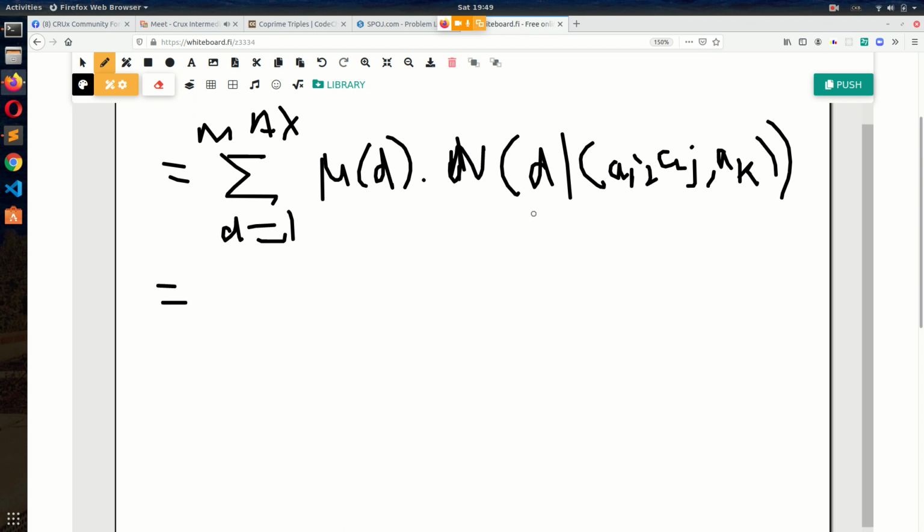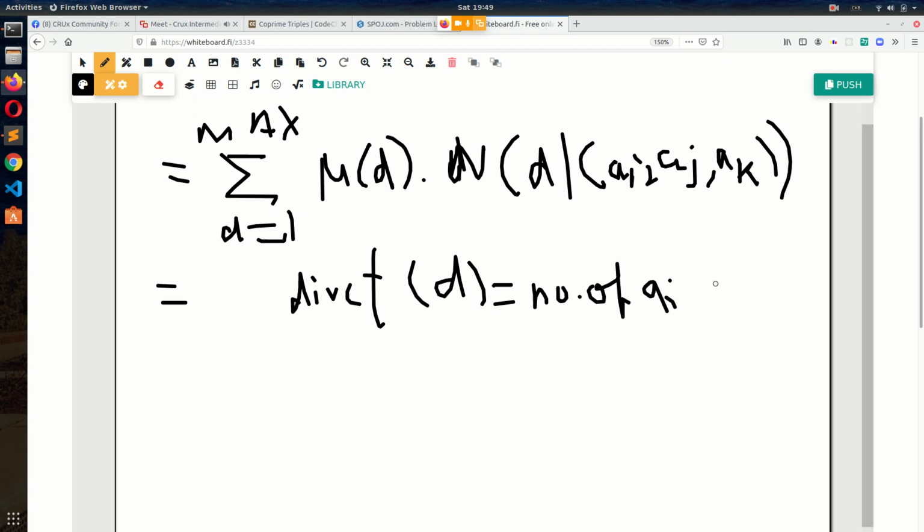And again, like the last problem, in fact we can calculate this very simply this time. You can calculate all the numbers in the array which are divisible by d, and we can call this function diff ct of d, the number of numbers AI such that d divides AI.